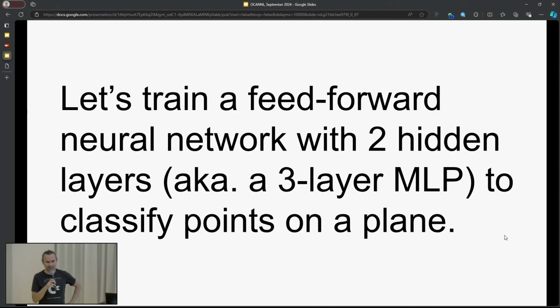So I hope to get a bit farther with the project by the time I present, but since I didn't, let's focus on one toy example. So we will train a feed-forward neural network with 2 hidden layers. So it will be a 3-layer MLP, and we will classify points on a plane.